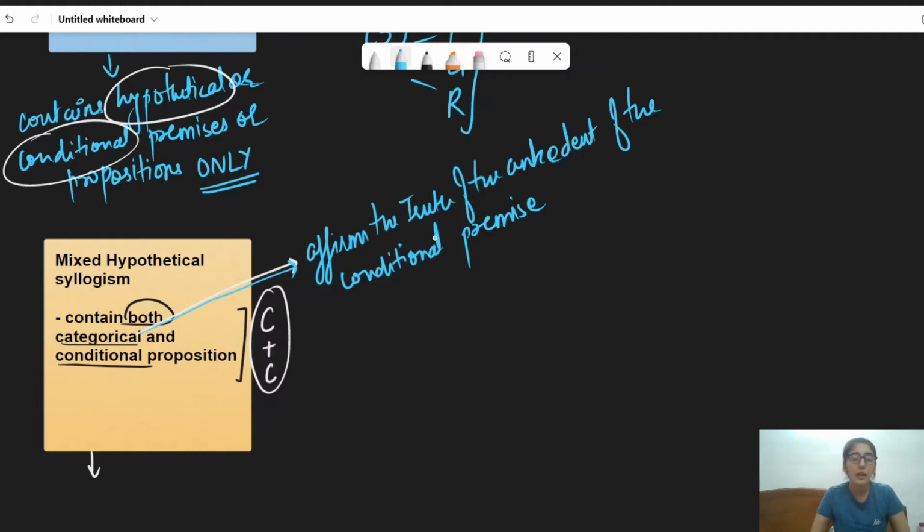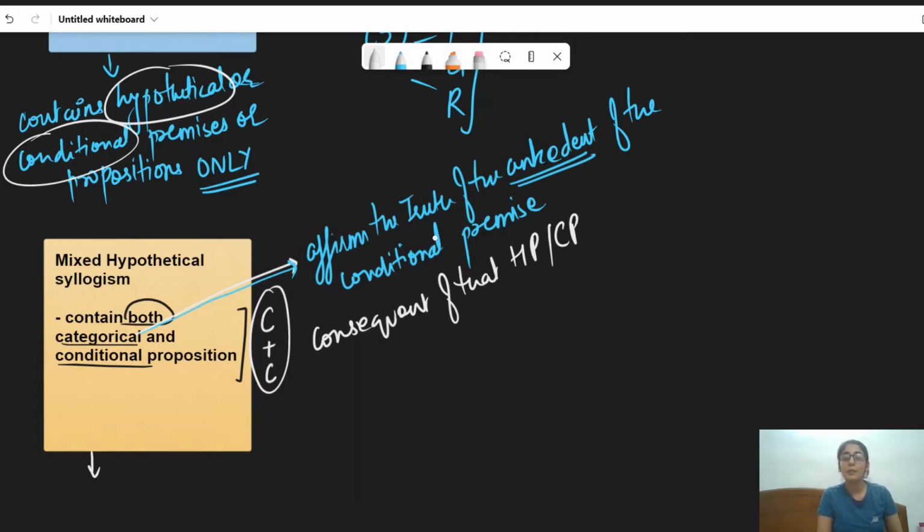And what happens to the consequent? The consequent of that conditional premise is the conclusion of the argument.